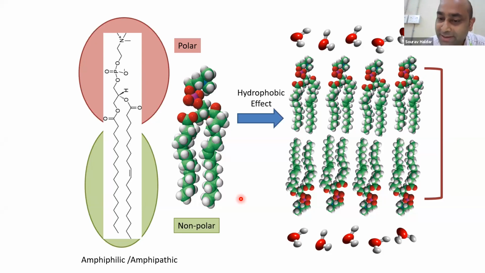If you throw all the lipids from the egg into water, they will form a bilayer, and instantly the bilayer will wrap itself into a vesicle. So we will not be able to see the bilayer structure as such in water, but what we'll be seeing are vesicles, which are sometimes known as liposomes. And we will have an opportunity to talk more about different kinds of liposomes later on.